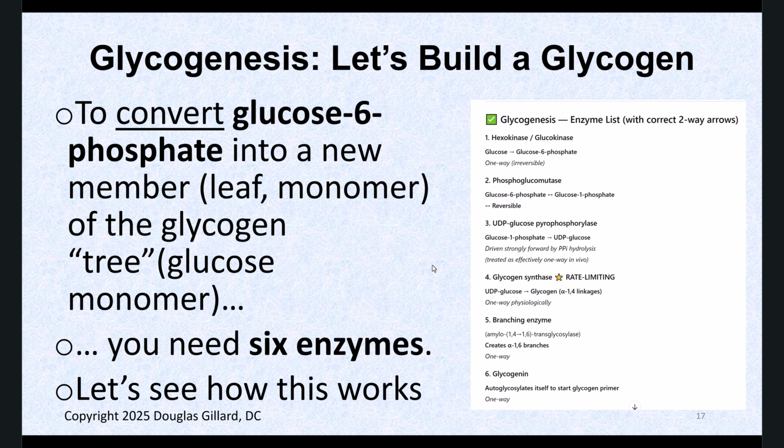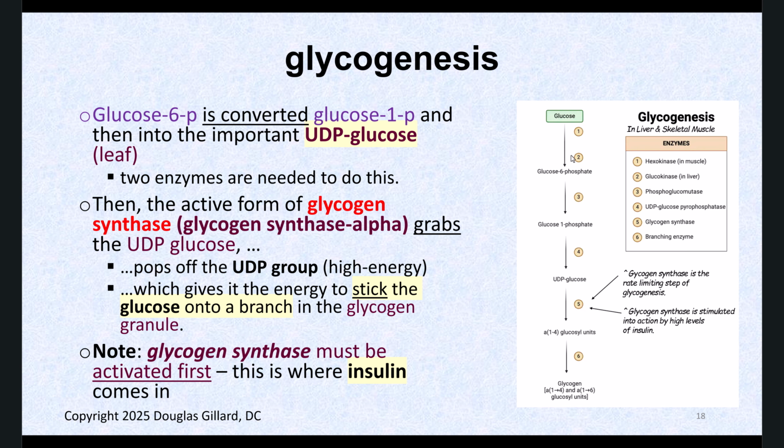So here's the story in a nutshell. This is glycogen synthesis, also known as glycogenesis. We've already made glucose 6-phosphate, but we can do it again. So glucose comes into the hepatocyte through a GLUT2 transporter, and it's immediately converted into glucose 6-phosphate.